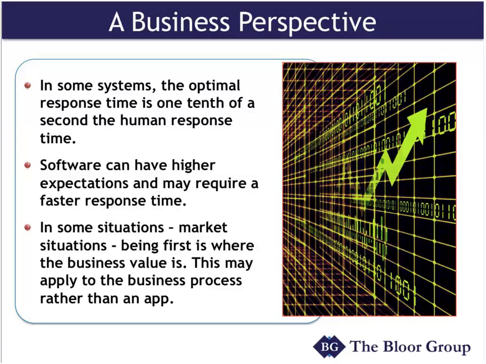Software to software can obviously have a higher expectation. Then you get into some situations, which I think of as market situations, where being first is where the business value is. If you want to sell a particular stock in the stock market, it's probably the best example. You think it's going down and a lot of other people think it's going down. You get the best price if you get to market first.